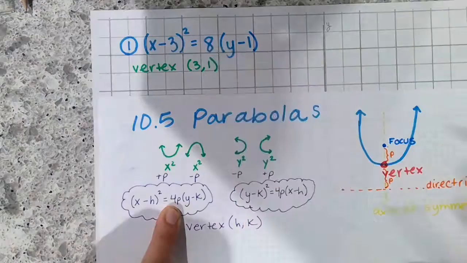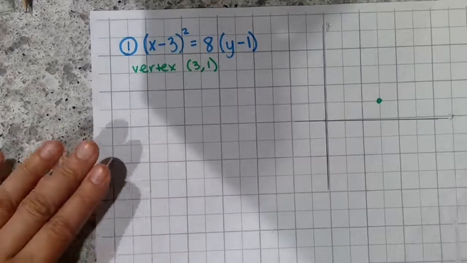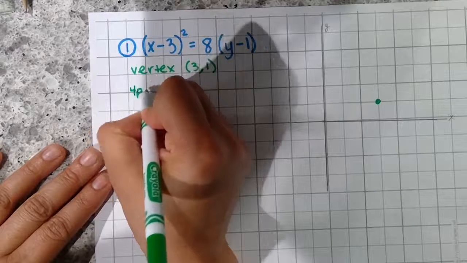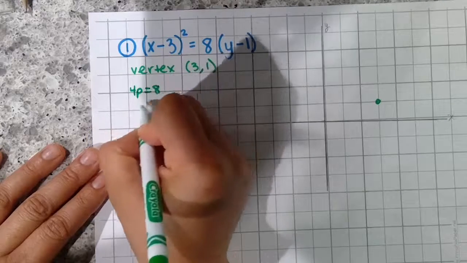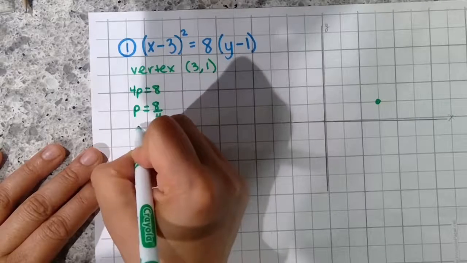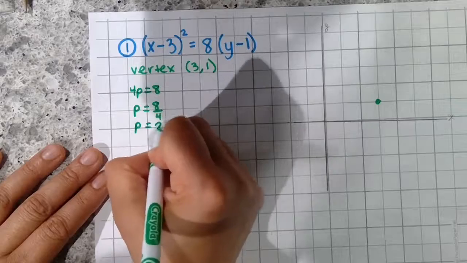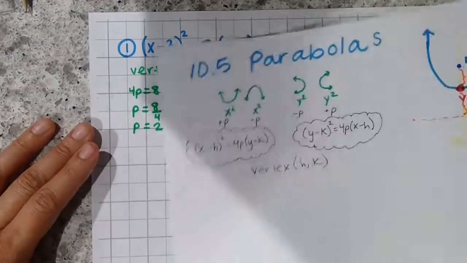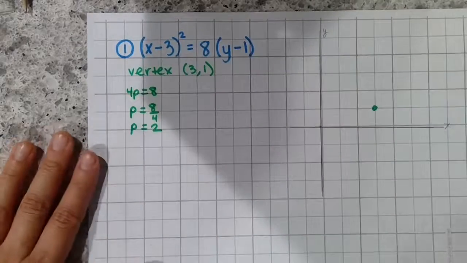So this number right there, set it equal to 4p and solve it. Divide by 4. Your p value is 2. So that means because it's positive, it's going to be opening up.